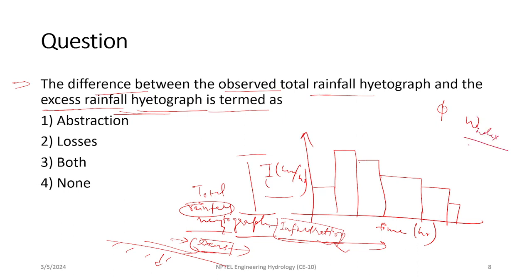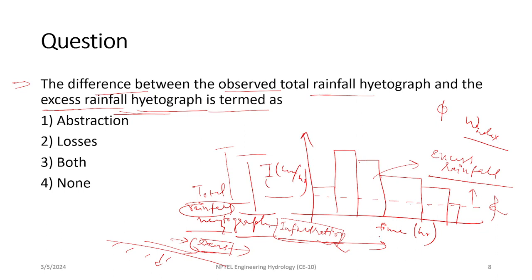If phi is known to me, and I know this is the total rainfall hydrograph, then I know this much infiltration is happening. The upper portion of phi, the part above this dotted line, contributes to excess rainfall only.